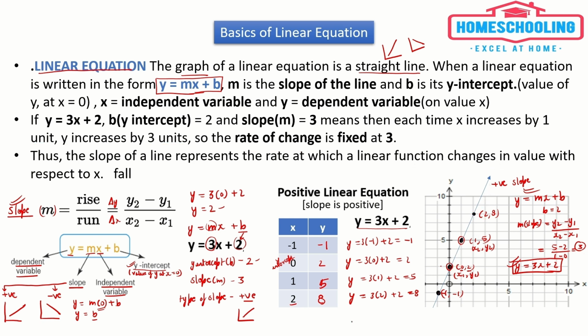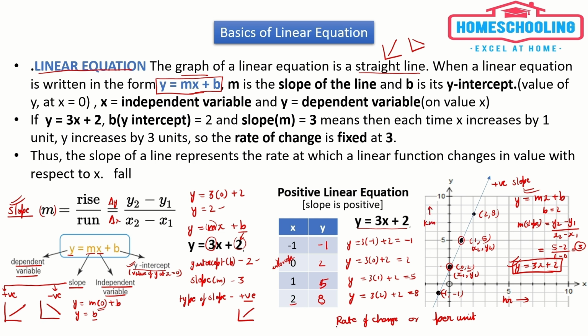So whenever in the question it is given as rate of change in something, or you have to find something per unit, let me explain. Let's say on the x-axis you have hours, and on the y-axis you have kilometers.